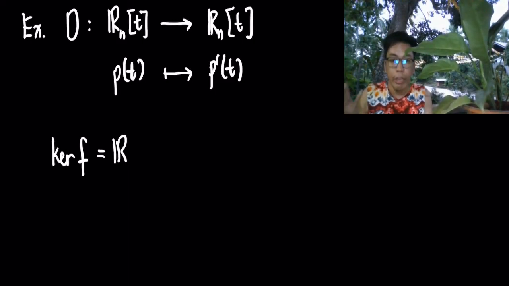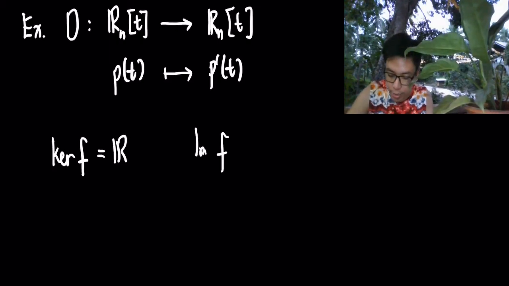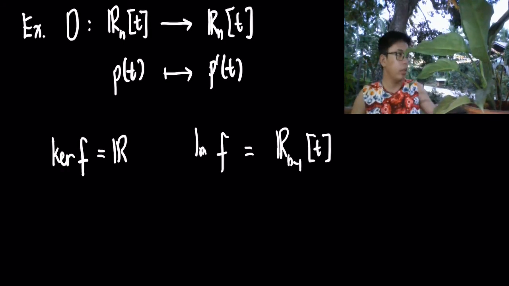That's it. If you have any questions or clarification, you can comment down there so that I can discuss thoroughly. But again, the kernel of f here is the set R. And so the image of f, because this is actually the set of derivatives of the polynomials from your domain, is actually R_{n-1}[t]. Why is it R_{n-1}[t]?